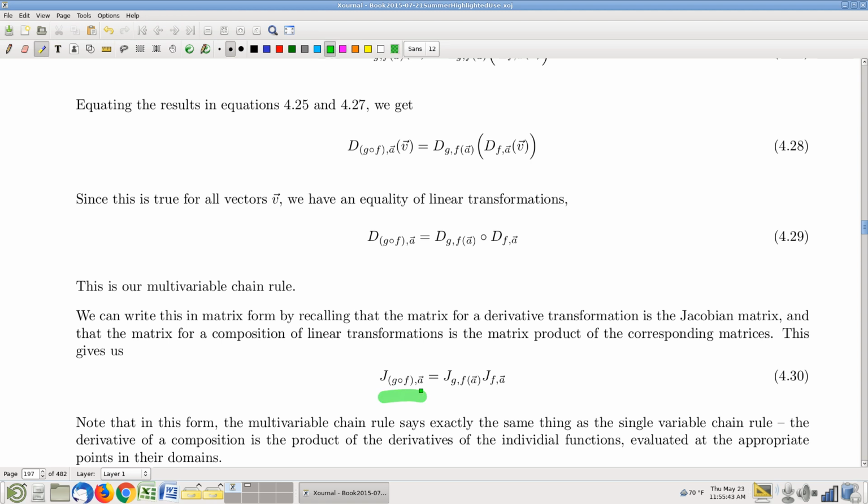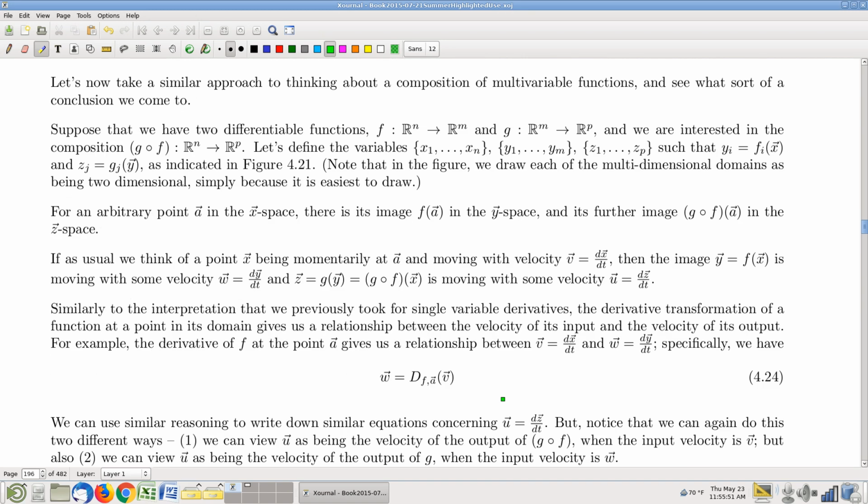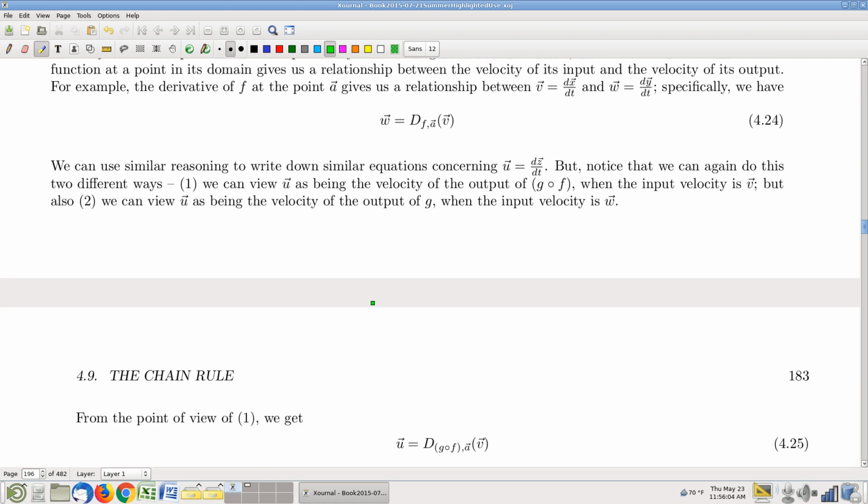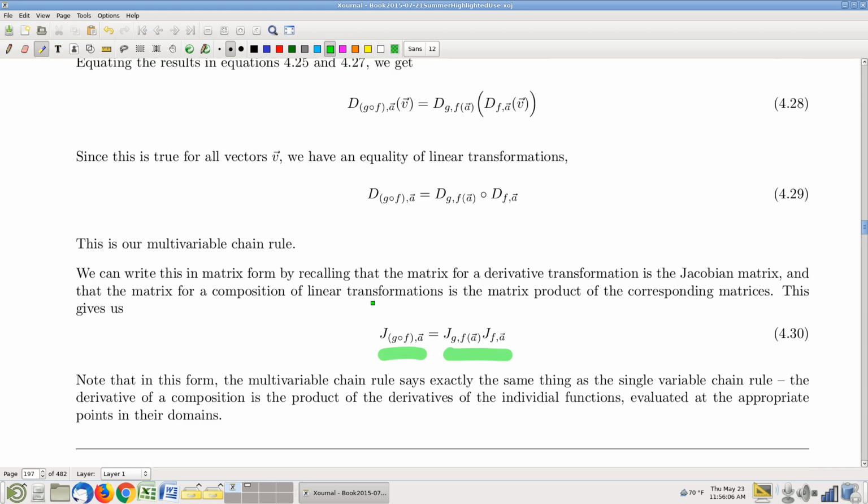The Jacobian of a composition is a product of the individual Jacobians. And it's in strong analogy to the single variable chain rule. The single variable chain rule said the derivative of a composition is the product of the individual derivatives. It's really exactly what this says. This says the derivative of a composition is the product of the individual derivatives. Totally. Pause for questions.